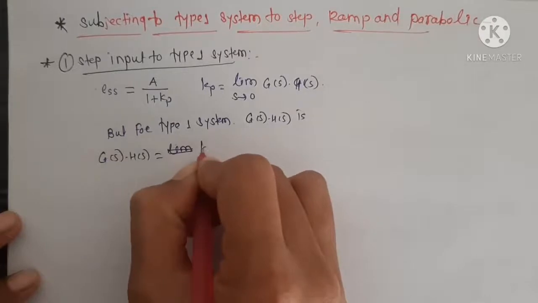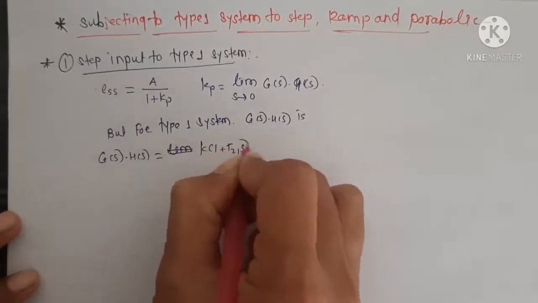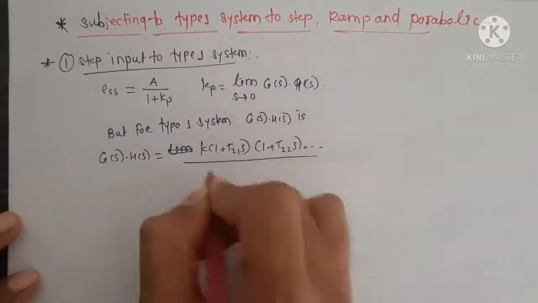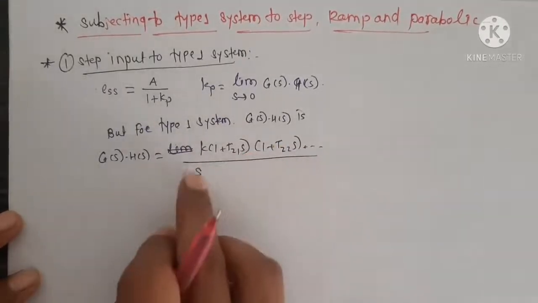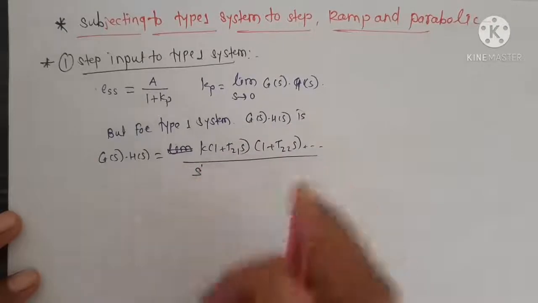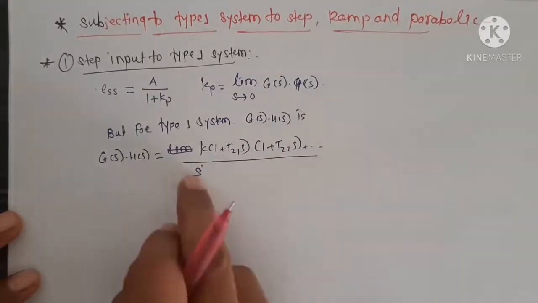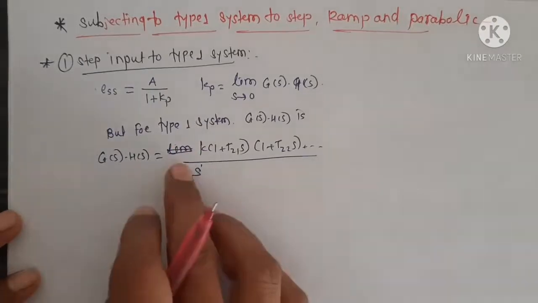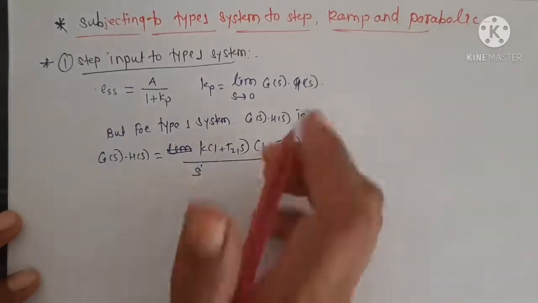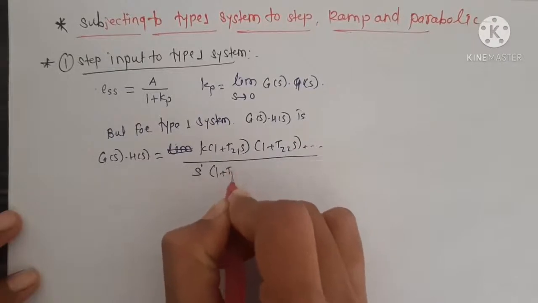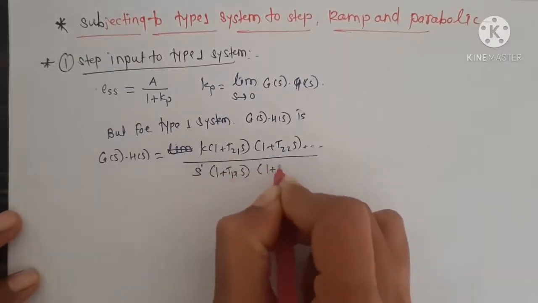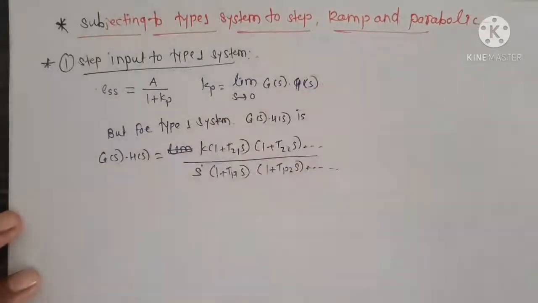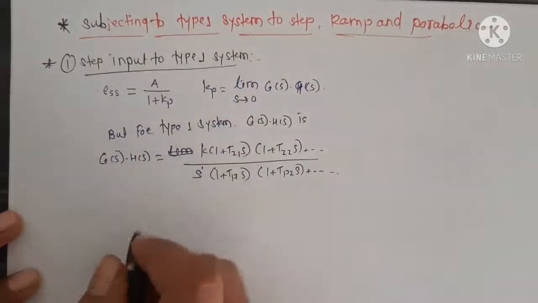It is K into 1 plus TZ1S, 1 plus TZ2S up to and so on, and here as it is type 1 system, S raised to 1 will come. S raised to 1 means only S. For type 0 we had written S raised to 0, which is nothing but 1. So for type 1 system, here S will come and 1 plus TP1S, 1 plus TP2S and so on. So simply put this value in Kp.